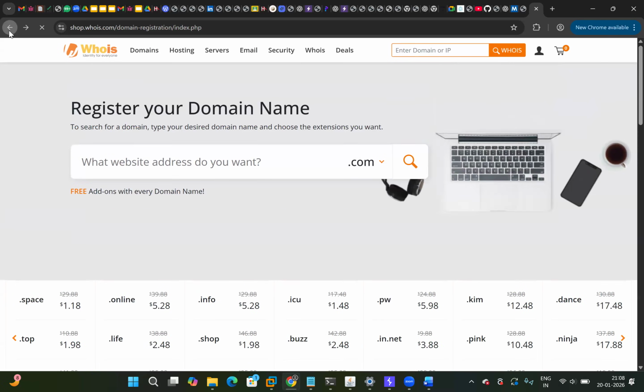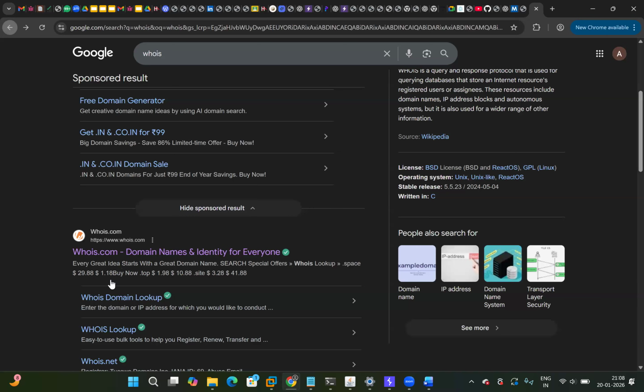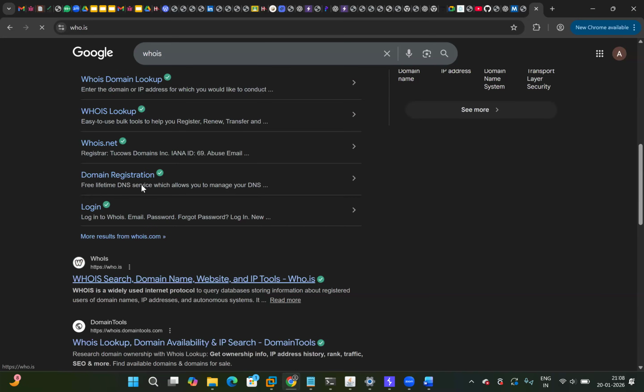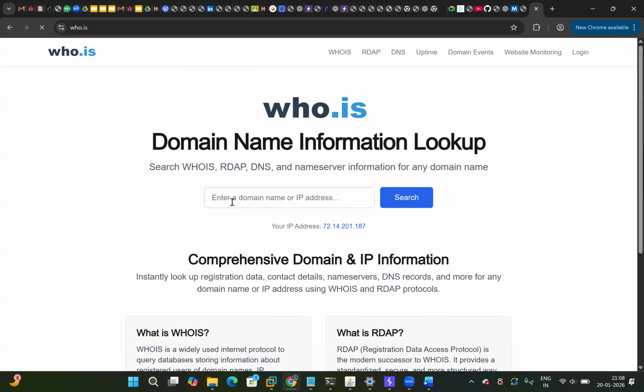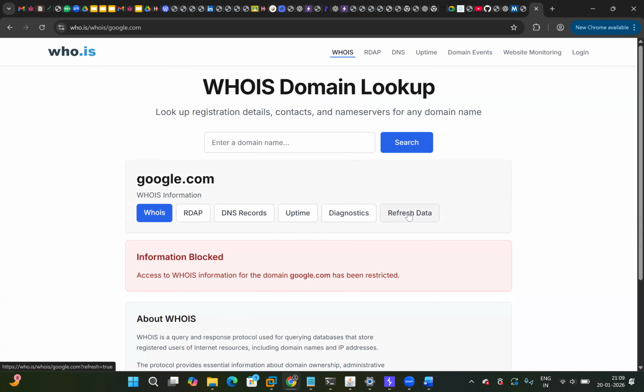There is also the who.is site, in which we can check the exact details about the server. Okay, this is restricted.